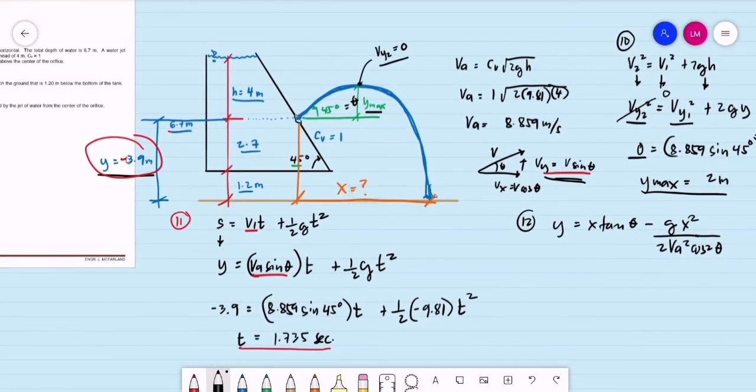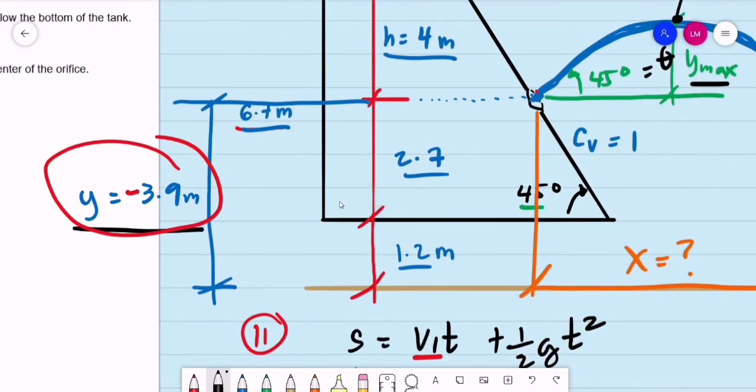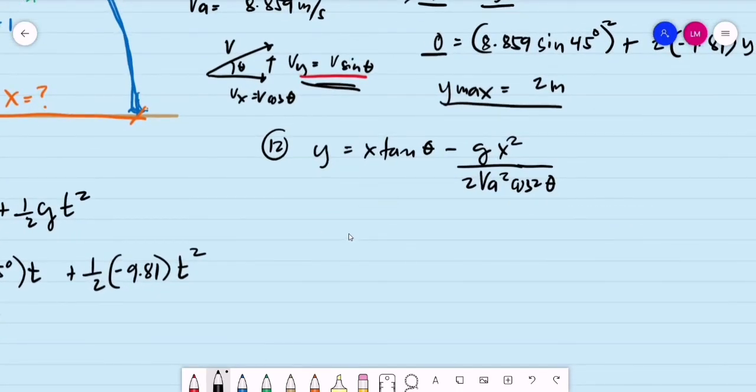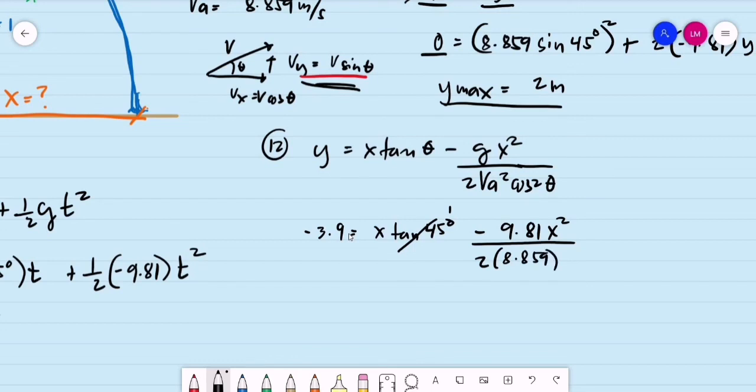So, again, yung y natin should be negative dahil bumagsak siya sa mas mababang elevation. This is negative 3.9 is equal to x, the tangent of 45 degrees, but I think this is 1, minus the 9.81 of x squared divided by twice actual velocity, 8.859 squared, then multiplied by the cosine of 45 degrees.